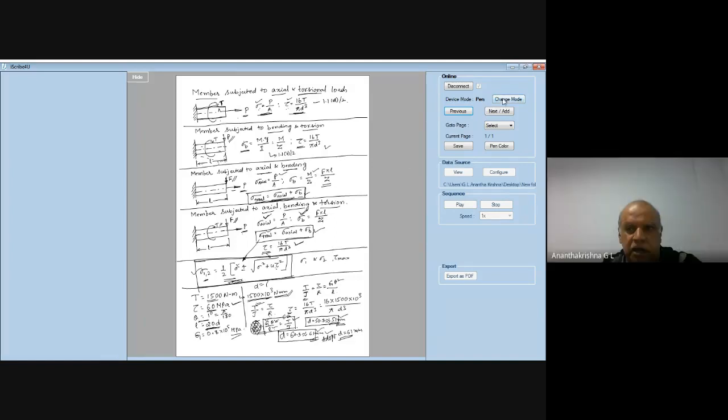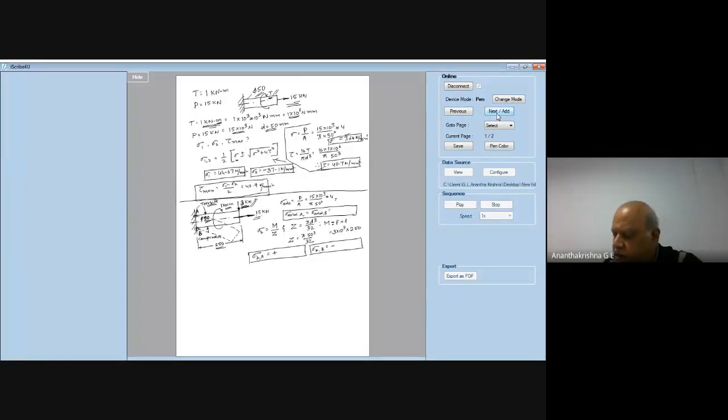So total stress, sigma total at point A is equal to sigma axial at A plus sigma bending at A. This is for critical point A. Then sigma total at point B is equal to sigma axial at B minus sigma bending at B, because at point B it is compressive. This is for critical point B.